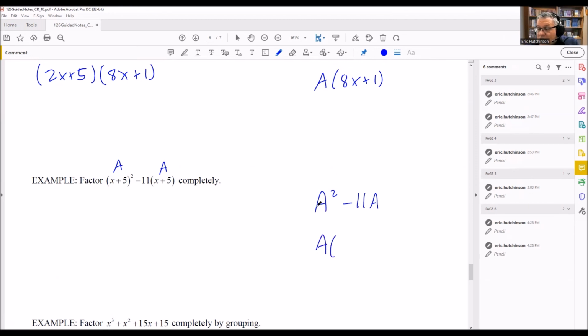Now, if I take A squared divided by A, I'll get 1A left over inside there. And then I have minus 11. So that's what that would look like if I factor out a capital letter A.